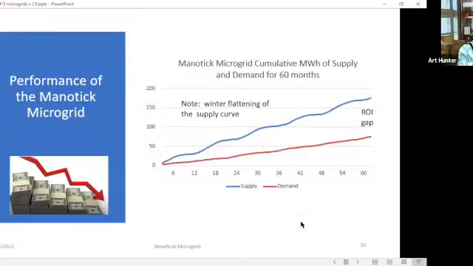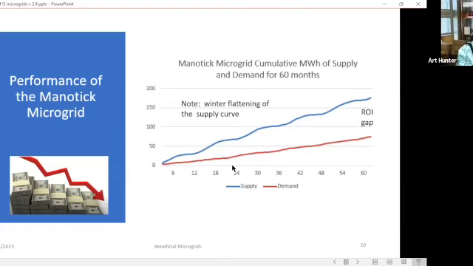Now, I've just got 5 years' worth of performance data looking at supply versus demand, and yes, I'm over-designed here, in that my demand looks fairly linear.